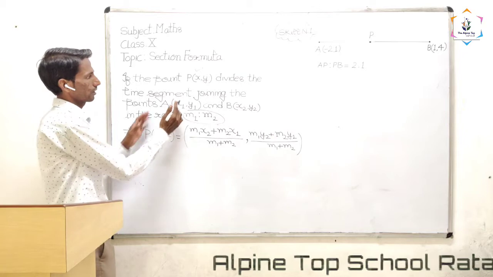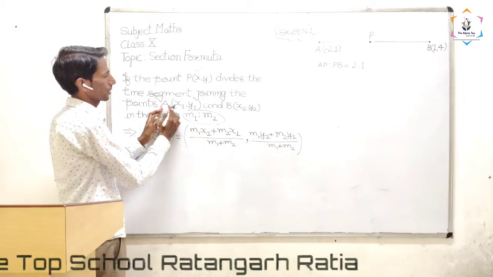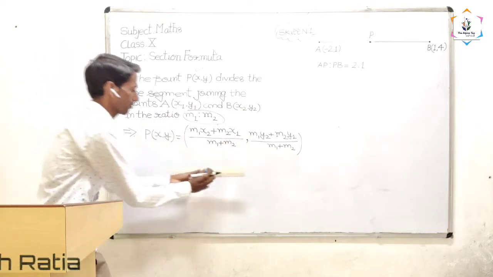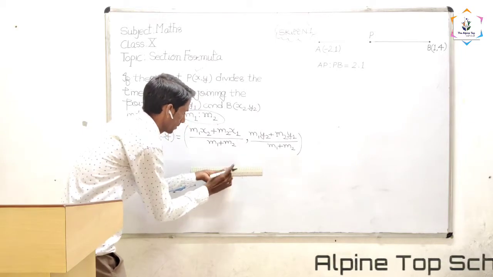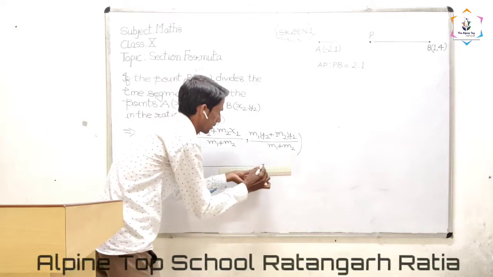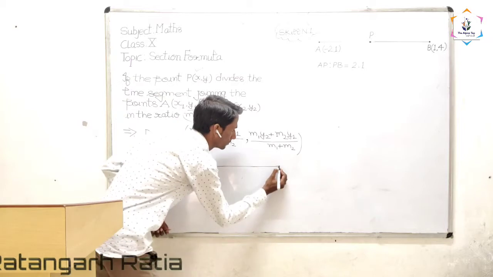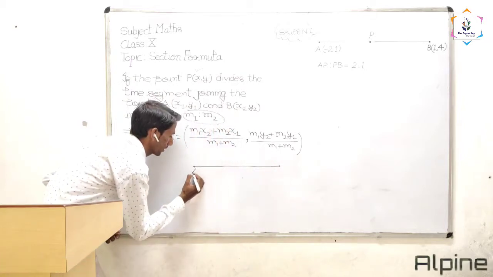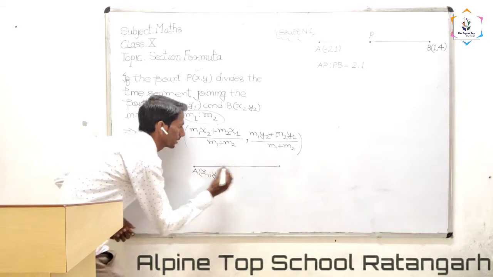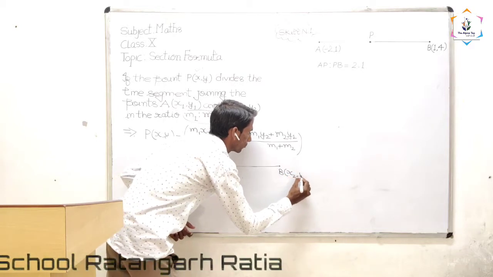Suppose there is a point P which divides the line segment joining the points A and B. If we see the pictorial representation of this, there is a line segment AB, with point A at coordinates x1, y1 and the second endpoint B at coordinates x2, y2.